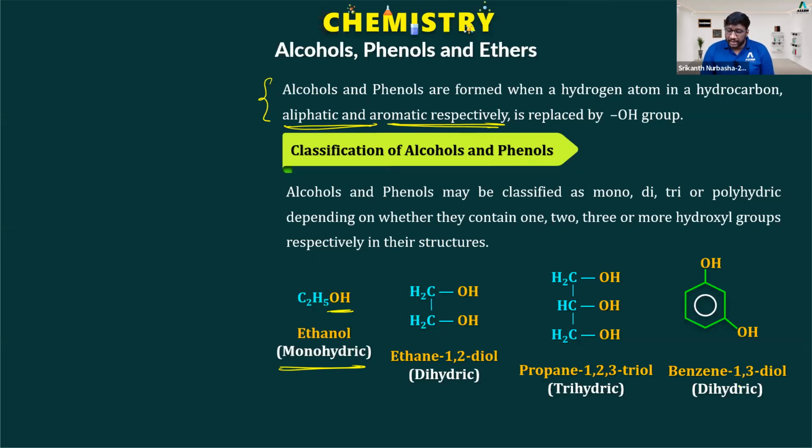Benzene 1,3 diol is again dihydric. So based on the number of OH groups present in the molecule, it is said to be monohydric, dihydric, trihydric, or polyhydric. If you have more than 3, generally we call it a polyhydric alcohol. Is that clear or not? Very simple classification only.